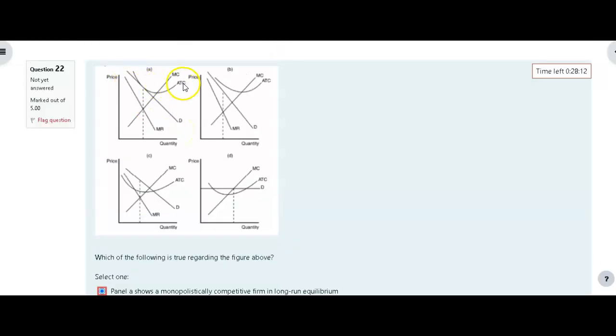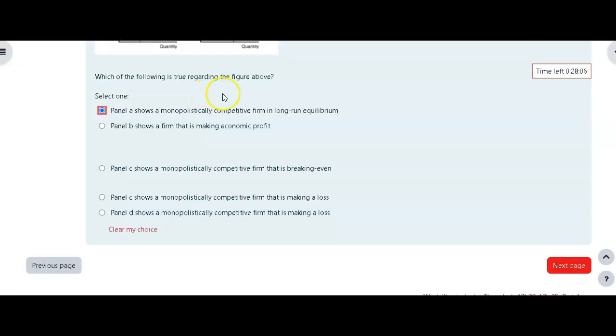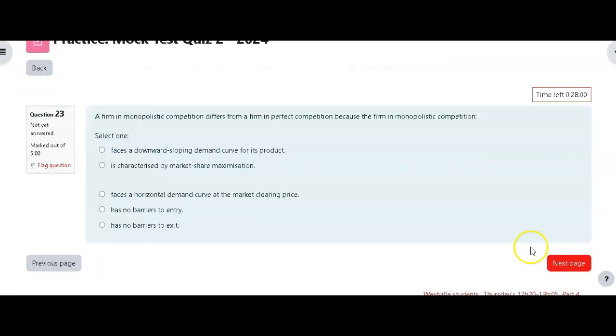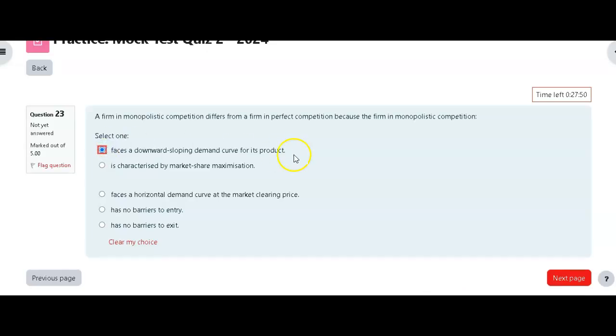You see how here the total cost and the demand curve are both the same over here. That means they're not making profit. So the answer will be that. The firm will differ from it because monopolistic competition will face a downward sloping demand curve for its product, right? Yes, it will. Definitely will.